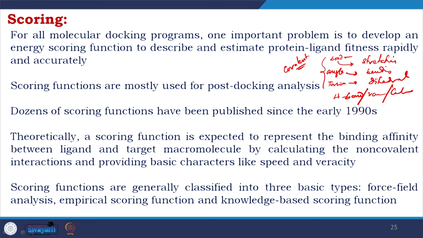Then you could also design a knowledge based scoring function. Suppose you have a protein and you have its known substrates A, B, C. You take A, B, C, you know the structure, you do docking and you use a method like statistics to calculate the energy.